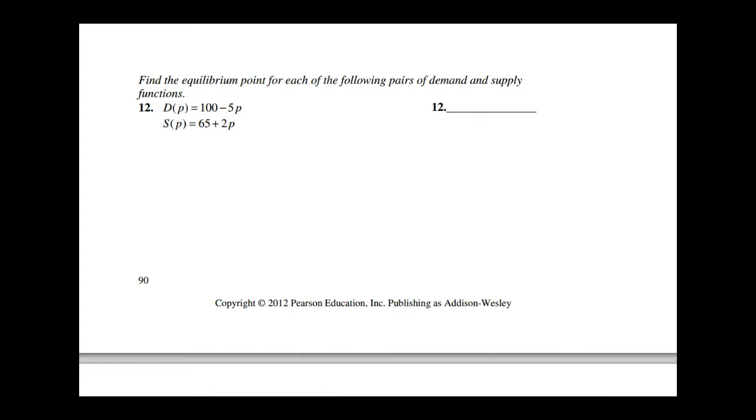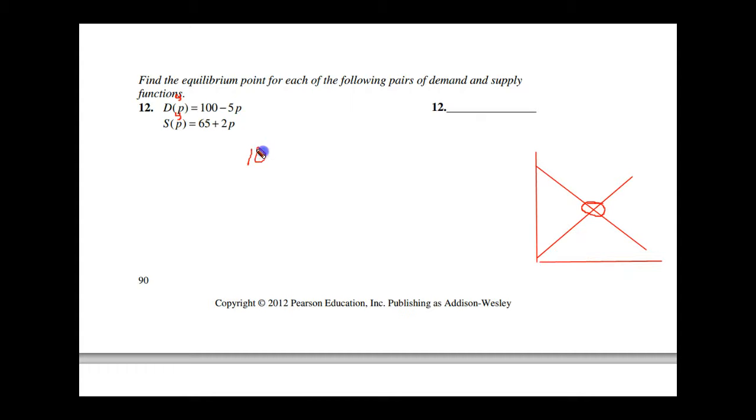All right, this one's a little different. It's supply and demand. And remember, if we were to graph these, it would look something like this. That one line would be like so, the other line is going to be like so, and we're looking for the point of intersection. And again, we could substitute a y for this and a y for that.